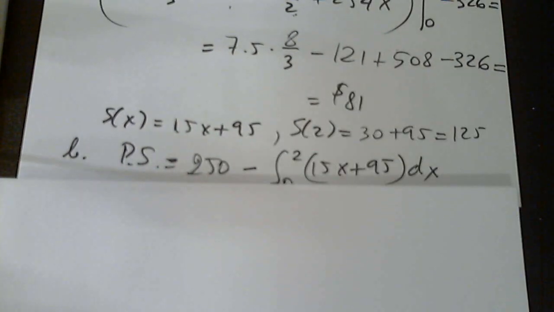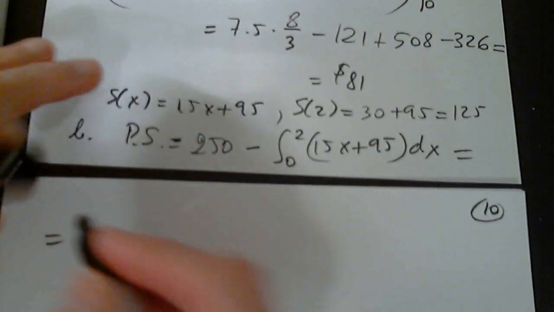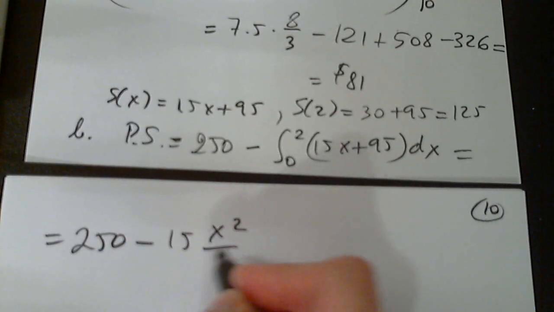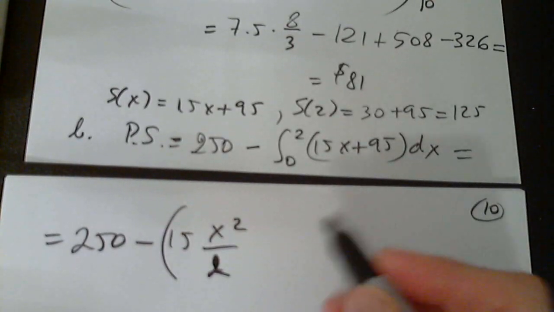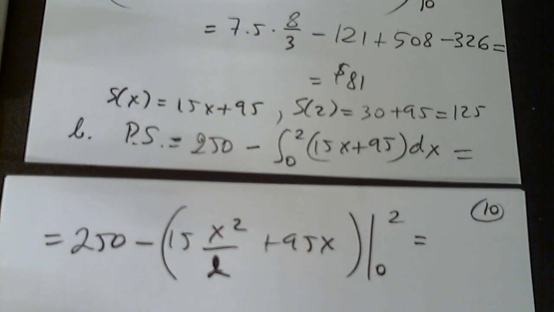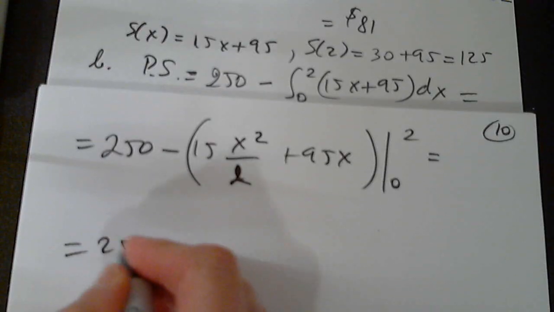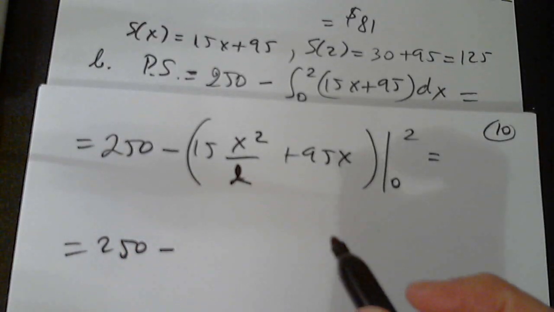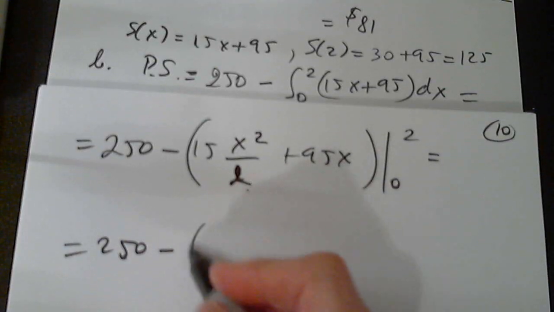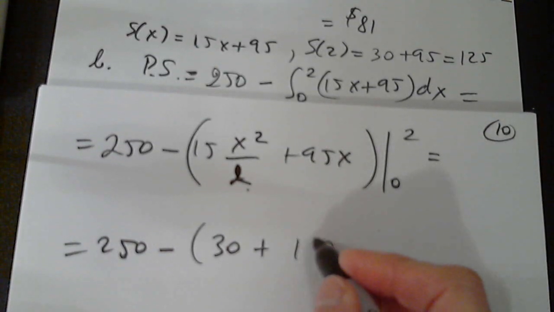Let's continue that. So this is 250 minus, don't forget parentheses, 15x squared over 2 plus 95x from 0 to 2. So this is 250 minus 4 divided by 2 is 2 times 15 is 30, and 2 times 95, 190.